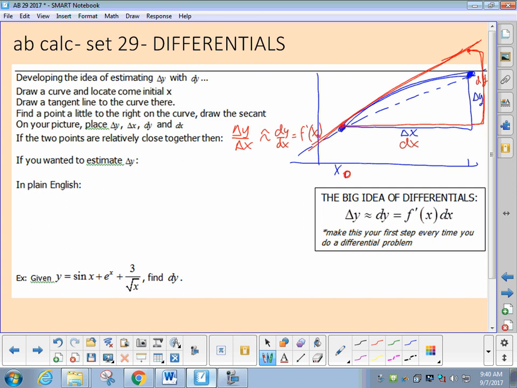Now, the goal of the lesson is to try and figure out, all right, based on calculus, how much would I expect y to change by? Well, if I take this equation and multiply delta x over, then delta y, or the change in y, would be something like the rate of change at that point times an amount of change in x.